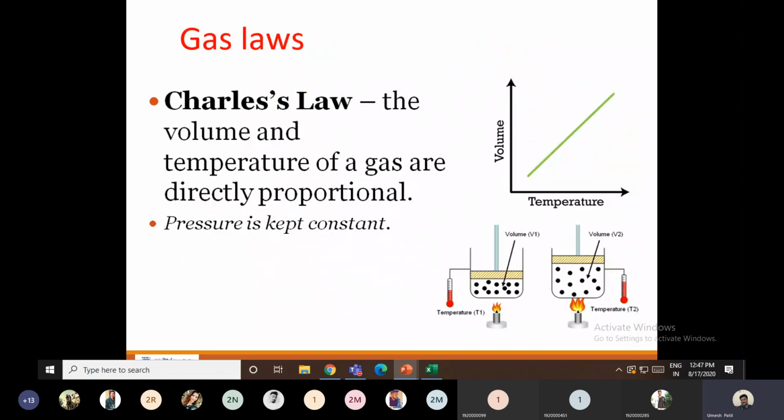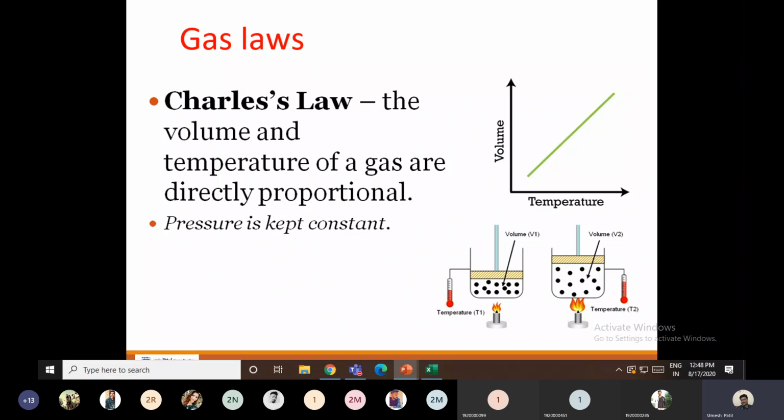Now let's come to the second gas law, that is Charles law. Charles law gives the relation between temperature and volume. Basically all these gas laws give the relation between pressure, volume and temperature. In Boyle's law, when temperature is kept constant, pressure is inversely proportional to the volume.